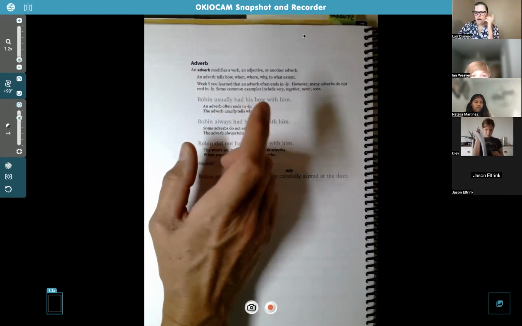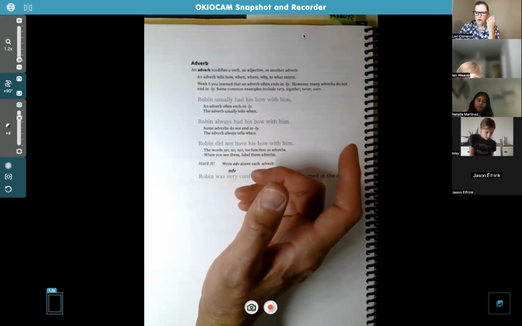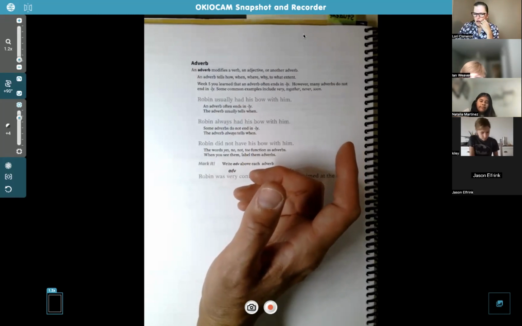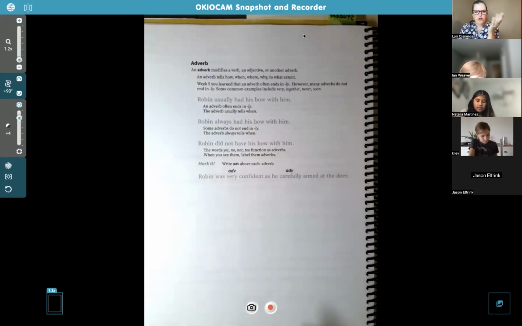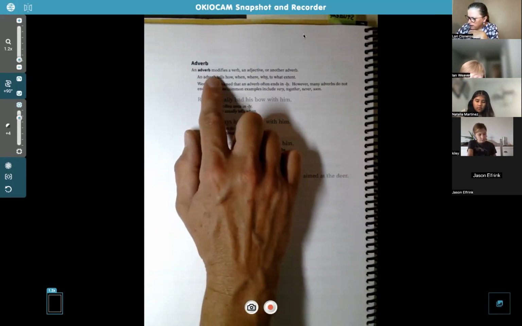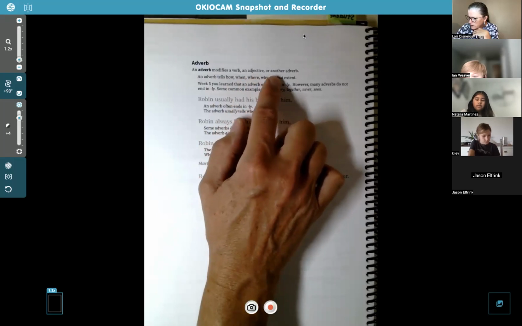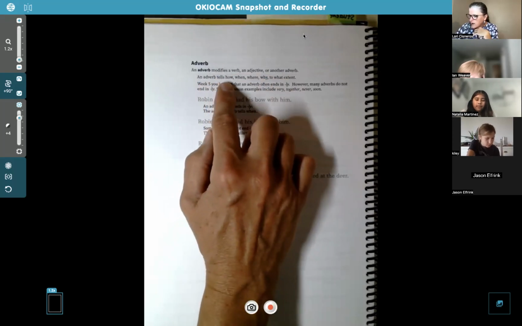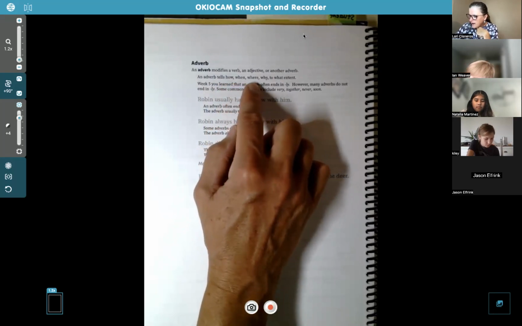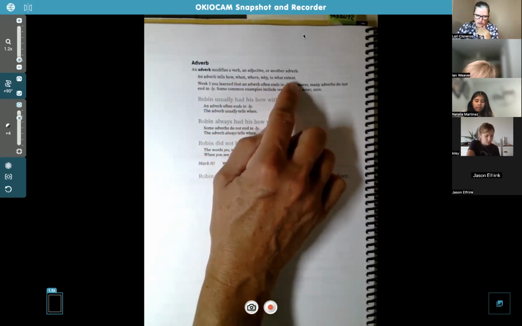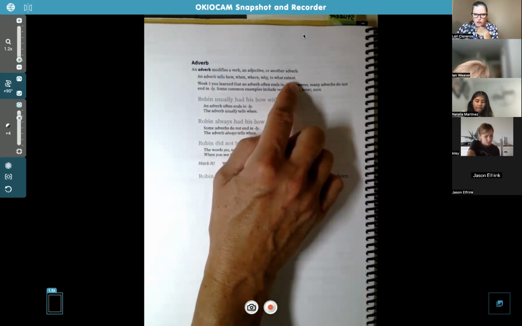Adverbs. Okay, you already know ly adverbs. Those we're using in your writing. And there's more than just ly adverbs though. So here it says, an adverb modifies a verb, an adjective, or another adverb. An adverb tells how, when, where, why, and to what extent. So there's different words you can use for that.